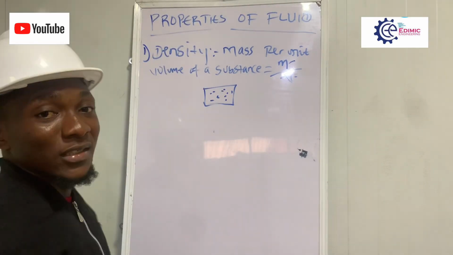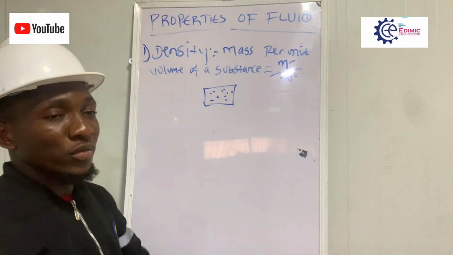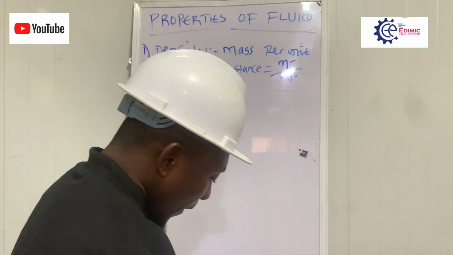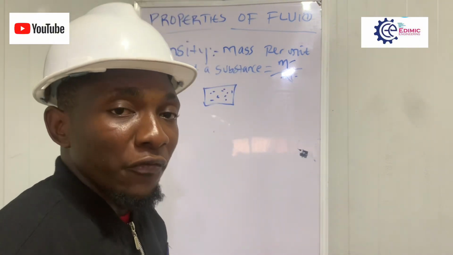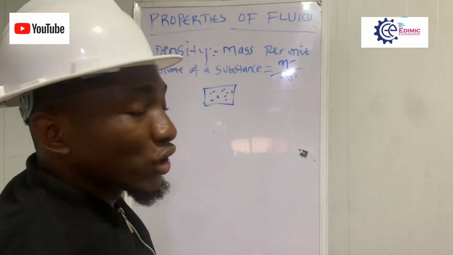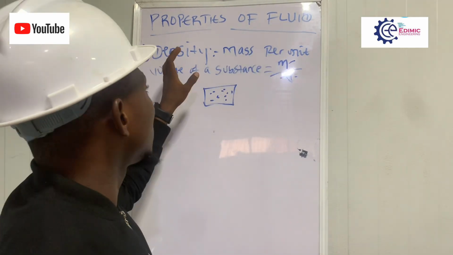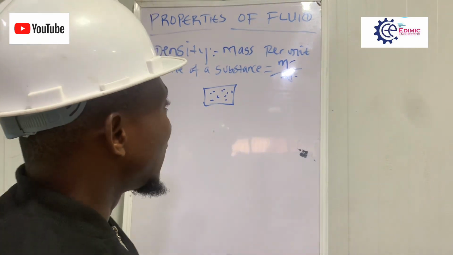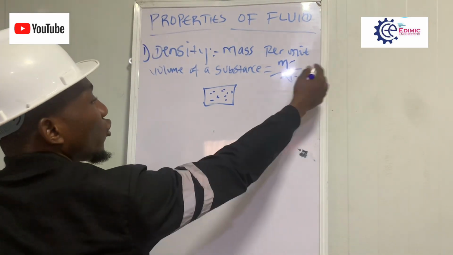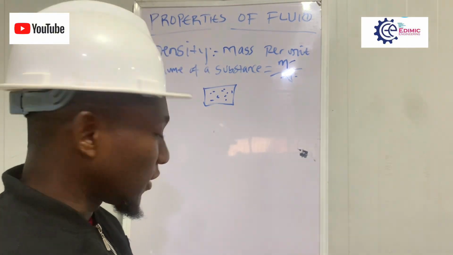Density is the mass per unit volume of a substance. We pay so much attention to this physical property of a fluid, which is density, and it's very simple, just mass all over the volume. That's what will give you your density.